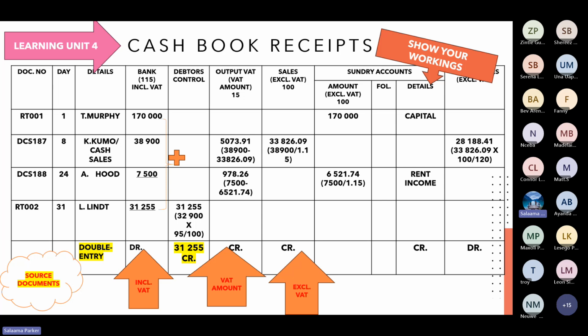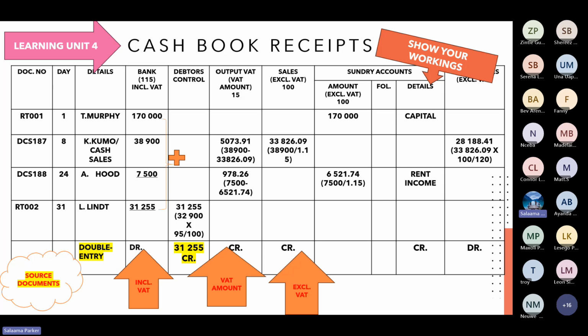So again, going from the inclusive to the exclusive, divide by 1.15. Okay, and then step number 2, you take your inclusive minus your exclusive, and that will give you your VAT amount.